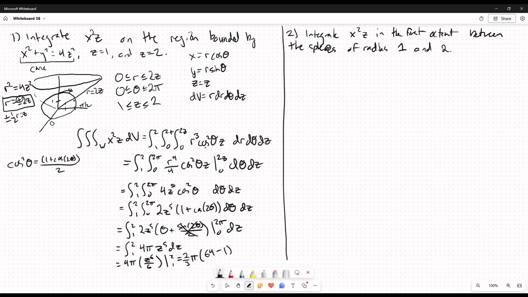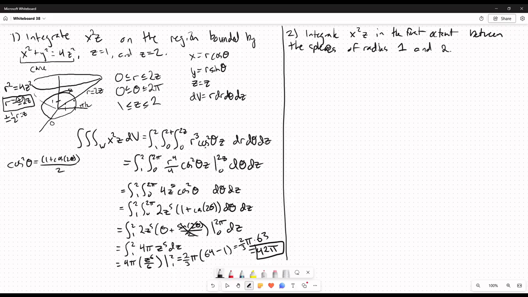So this is going to be 2/3 pi times 63, which ends up being 42 pi. And that's my integral. Okay, so setting up the integral was hard, and then evaluating the integral was hard, but we ended up getting the answer here. What you don't know is that this is like my fourth take making this video. So there's a lot going on here, but we can get there in the end.